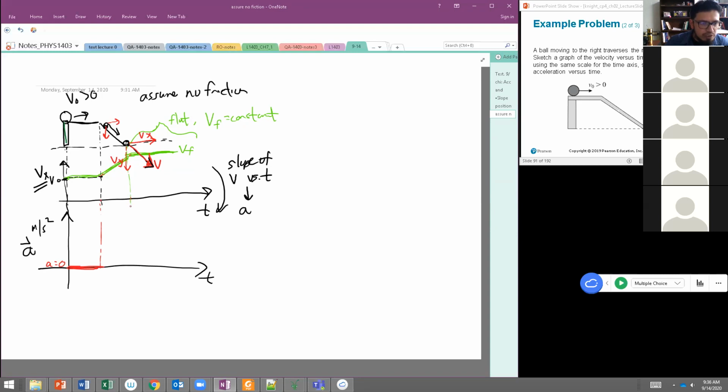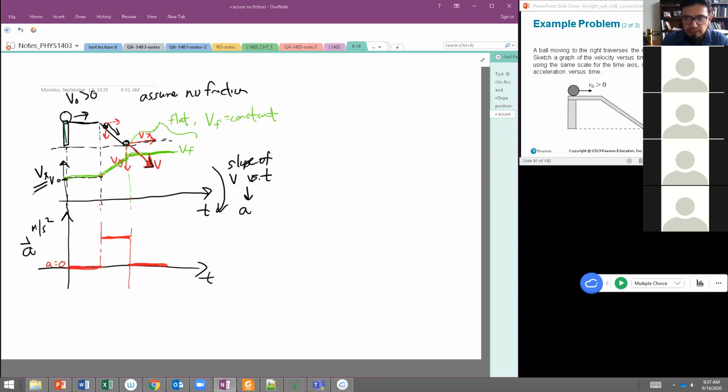It's a constant slope, so it's a constant positive acceleration. So you'd have something that's up here in the positive y-axis. And then finally, when you get to the end of the ramp and you're going flat again, there's no more change in velocity, the slope is 0. So you get back to 0 acceleration. And so this is what an acceleration versus time graph would look like for this problem.